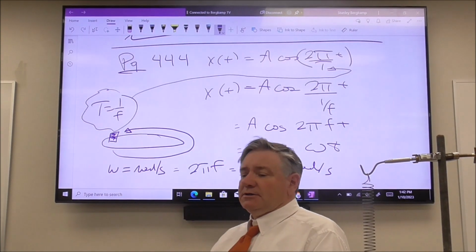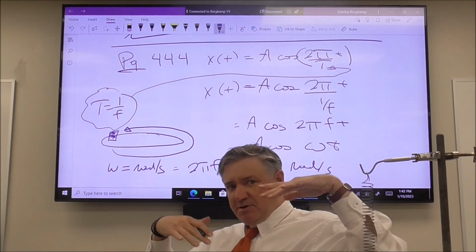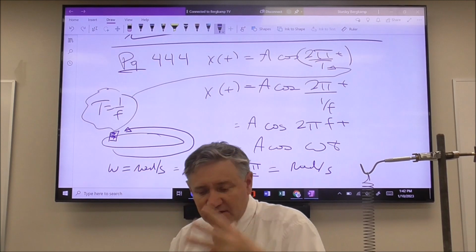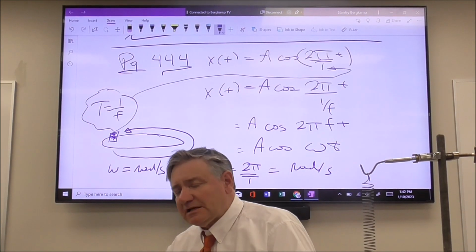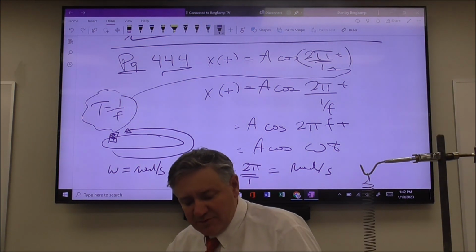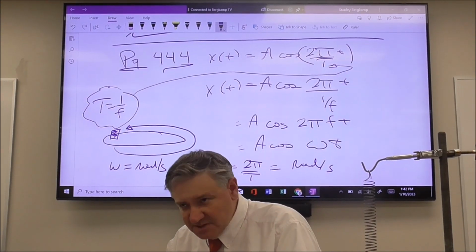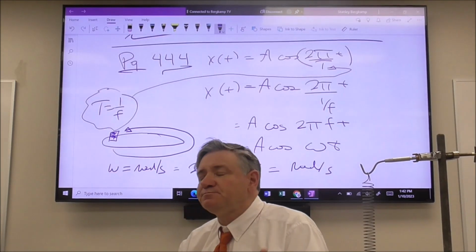I'm basically going to show you some of the hocus pocus on how these functions work and tie together some different things. On page 444 of your book, you have this function equation. You'll see three different equations: one for position, one for velocity, one for acceleration.